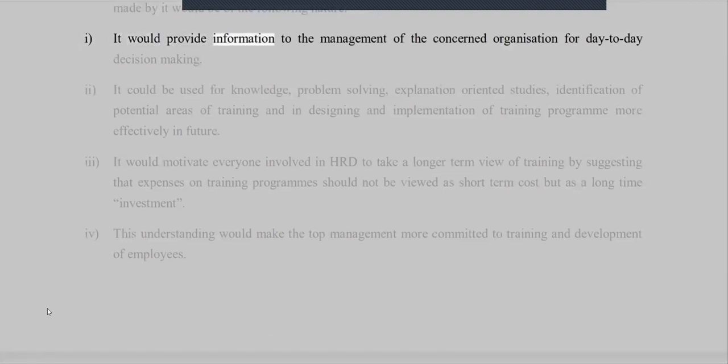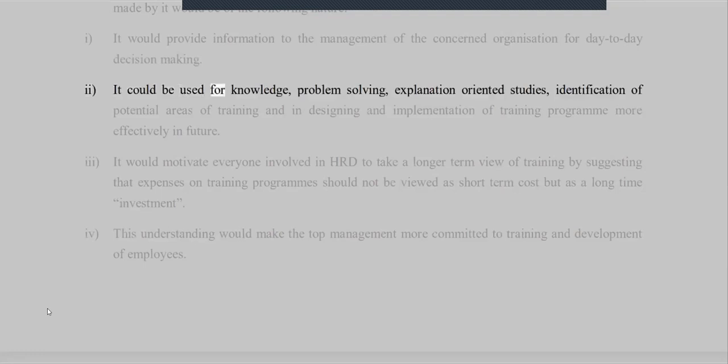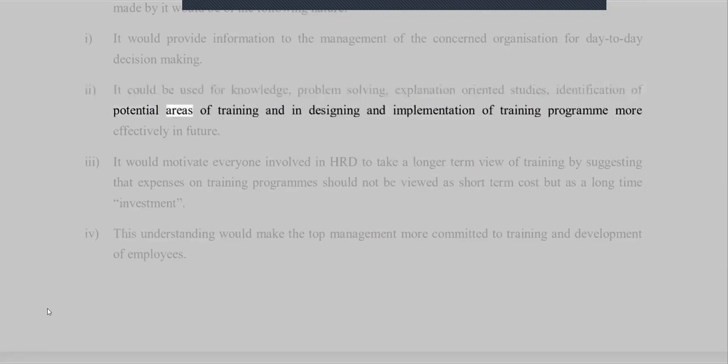It would provide information to the management of the concerned organization for day-to-day decision making. 2. It could be used for knowledge, problem solving, explanation-oriented studies, identification of potential areas of training and in designing and implementation of training programs more effectively in future.